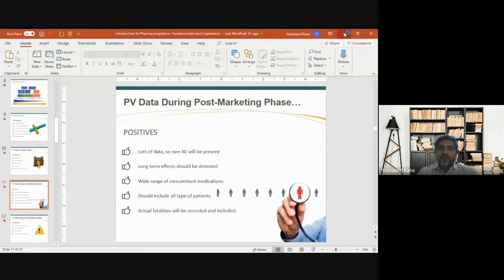Moving on to next, we do perform pharmacovigilance in the post-marketing phase also. What are the positives or the limitations of it? It's lots of data, so rare AEs will be present. The drug, when it is marketed, is subjected to various permutations and combinations of patient conditions.